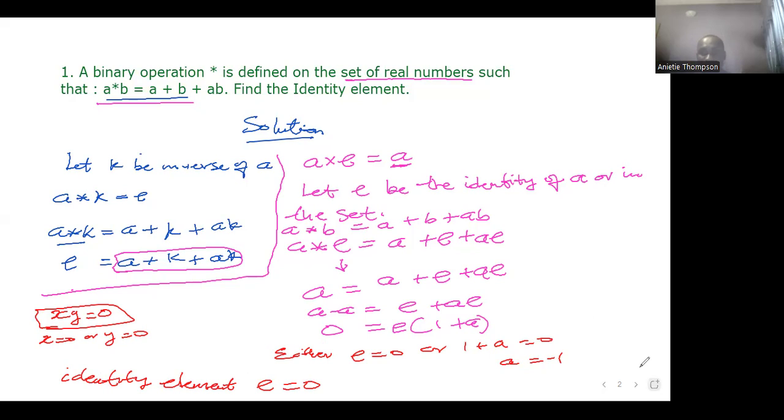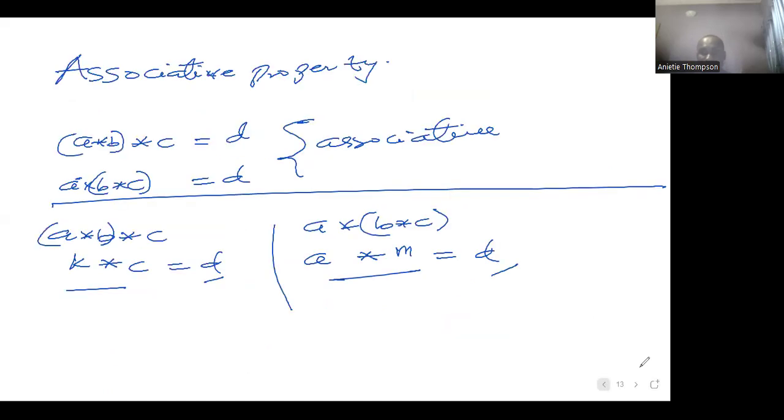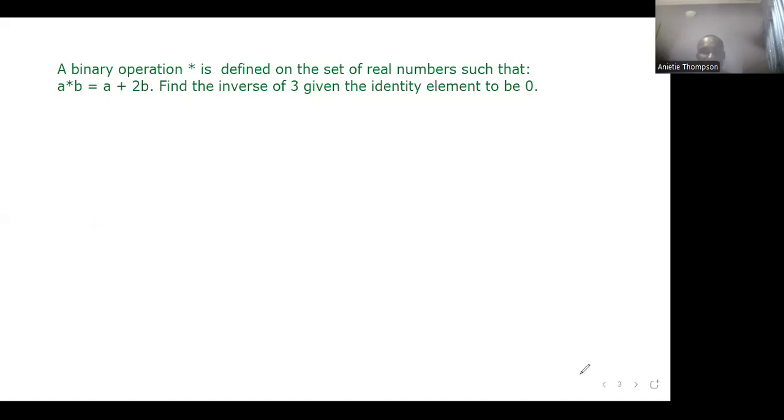Again, another problem that I would like us to look at is this one. We have a binary operation again. Asterisk is defined on the set of real numbers such that A asterisk B equals this.